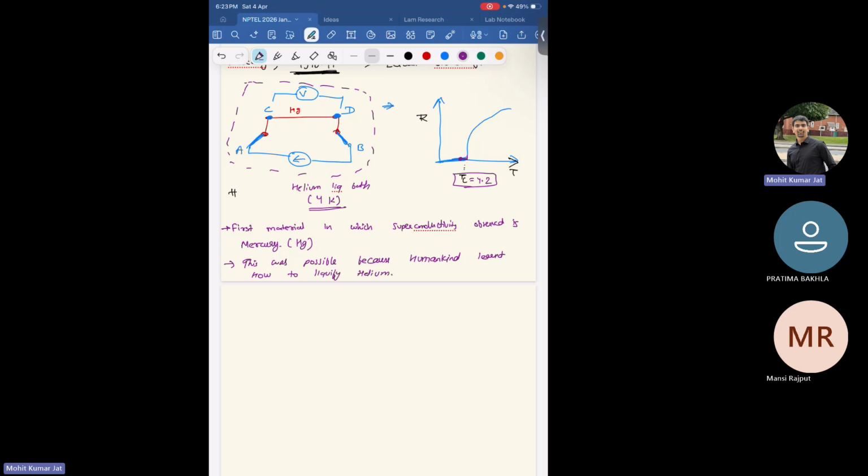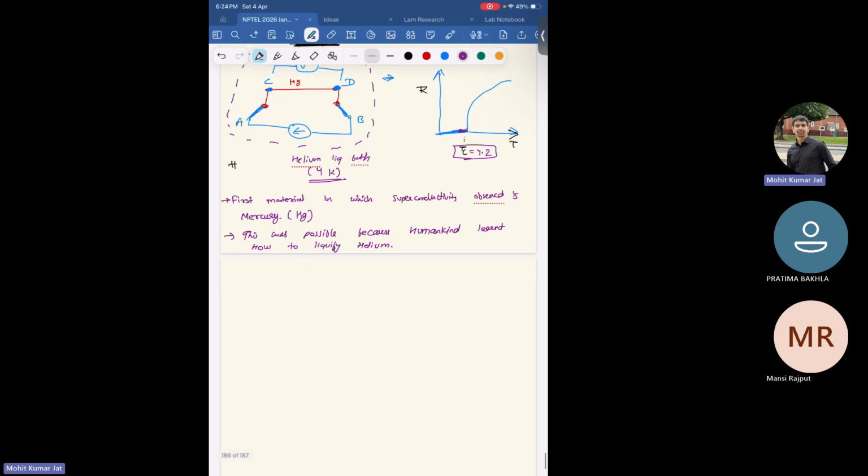If you liquefy helium, you need a temperature of 4 Kelvin, because above 4 Kelvin and 1 atm, helium is a gas. Only below that it's a liquid, and if you go below around 2.2 Kelvin, it's superfluid, not superconductor. It is superfluid. Superfluid has different properties than the superconductor.